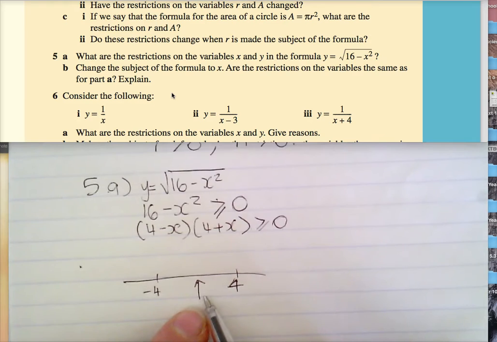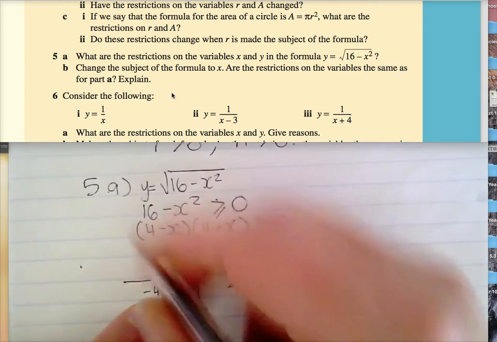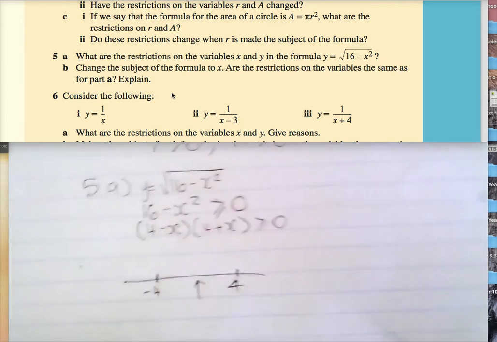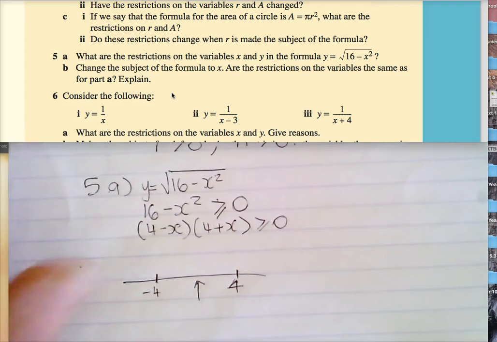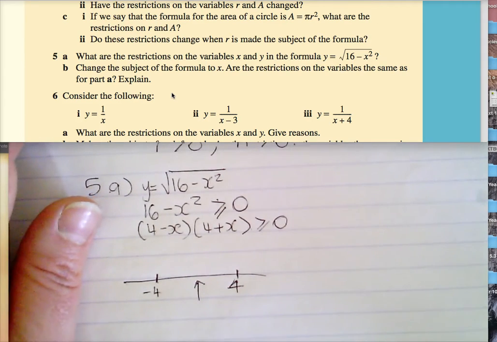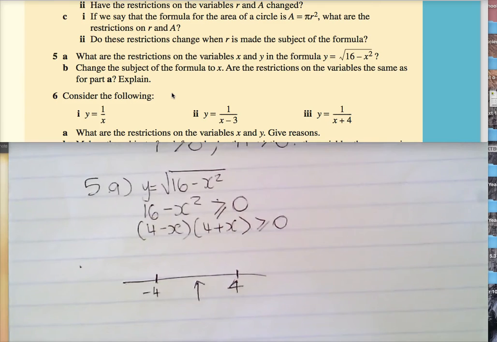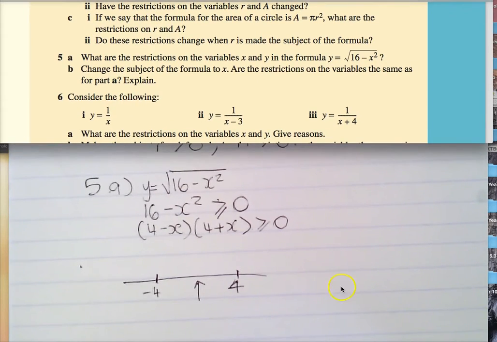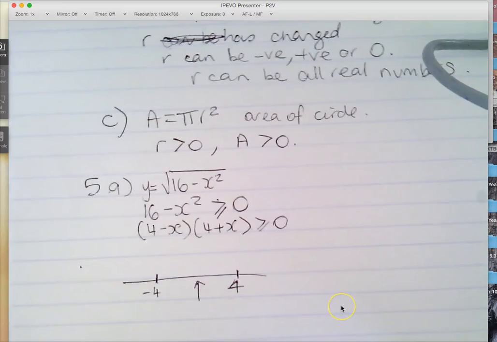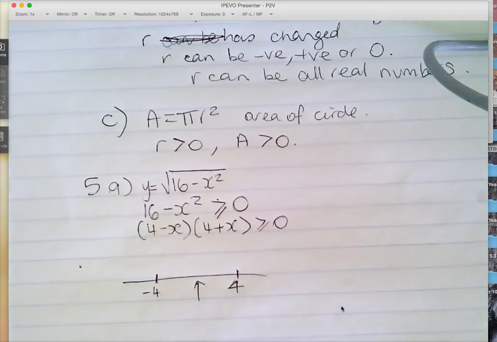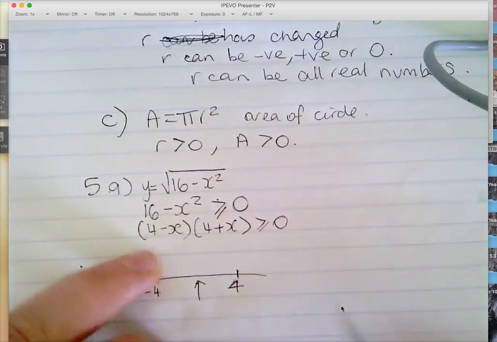Now, I've got 2 points here. I've got an inequality, so my answer can't just be 2 numbers, negative 4 and 4. I need an inequality, like x is greater than 4 or x is less than negative 4. So x equals minus 4, but it says 4 minus x.